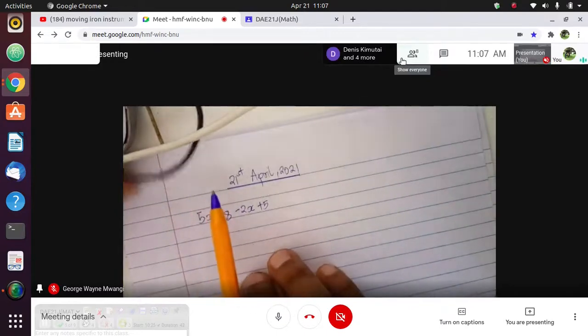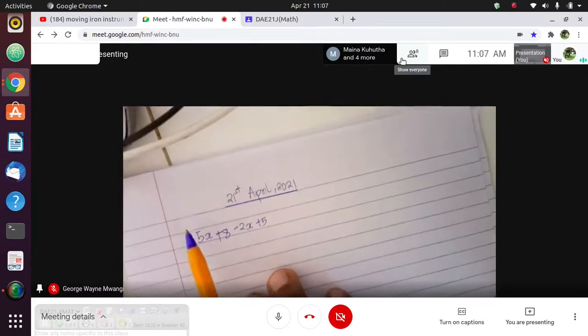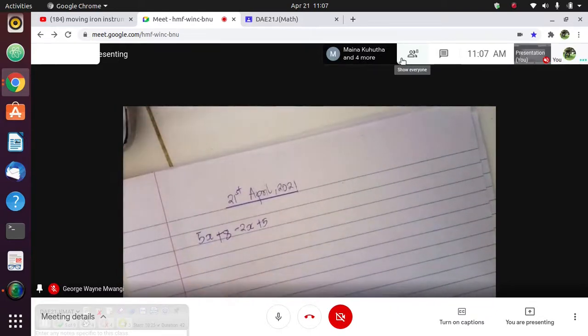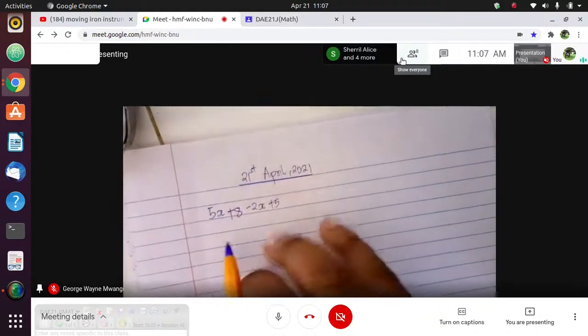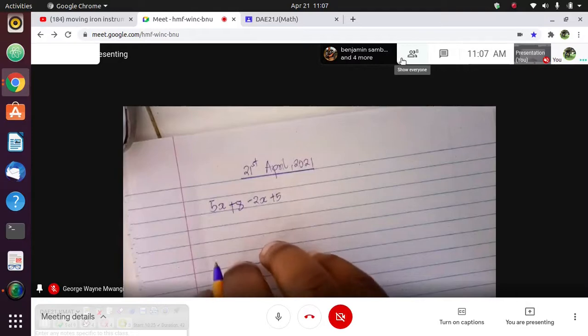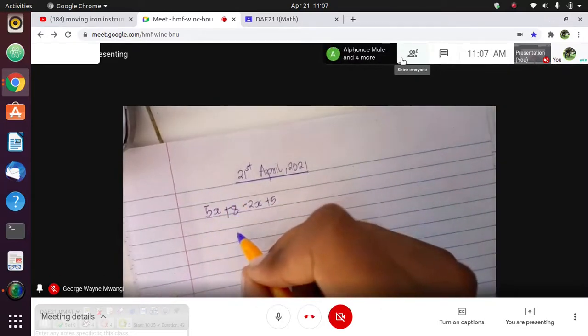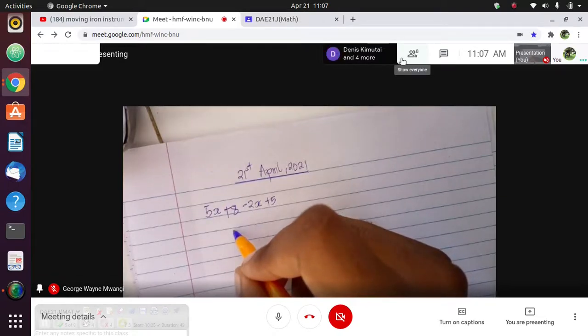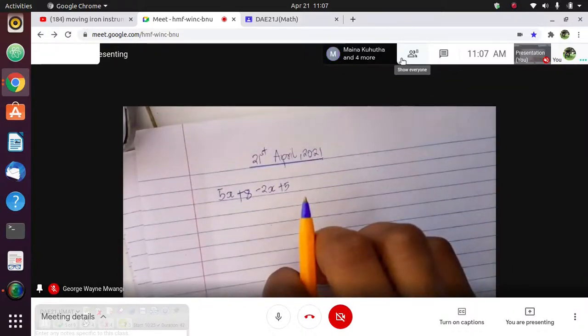We're just going to build on what we did last time so that we can be able to do something else. But for now, I want us to remind ourselves how to simplify algebraic expressions. Now, what will be the answer of this expression? When you're told to simplify, itakuwa ngapi? Anyone?